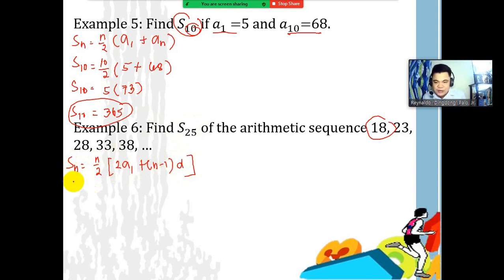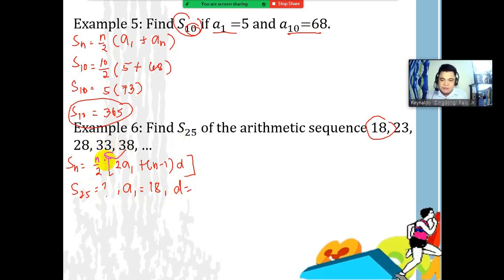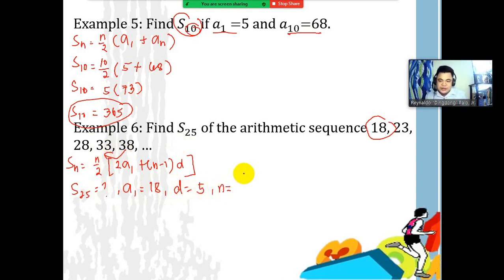Then we need the following values, of course, to solve for s sub 25. Okay, first we need a sub 1, which is 18. And then we need also the common difference. So 38 minus 33, subtract it. We have 5. And of course, your n is the number of terms.